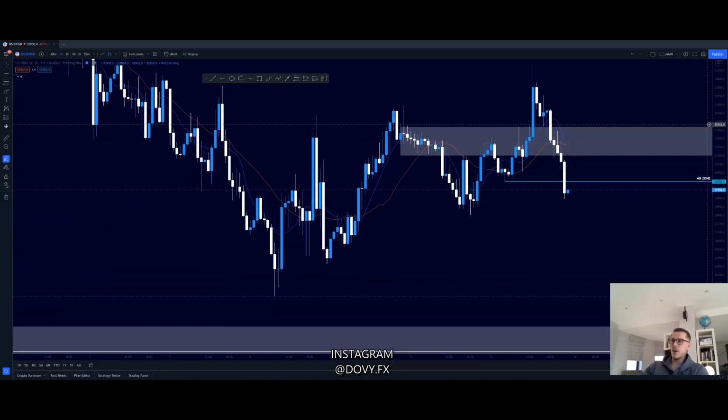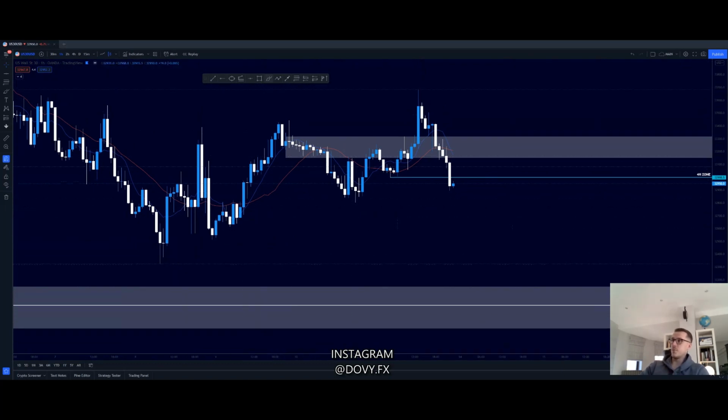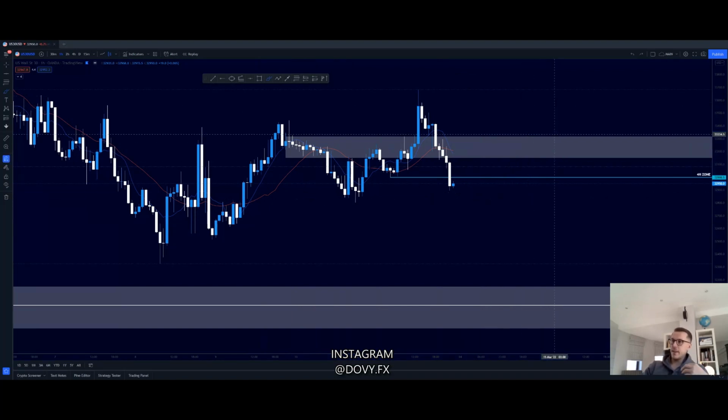If we go back to it, there are three scenarios. The price can just find support here and bounce. That's okay if that happens. Then maybe I'm going to change my perspective and look for longs, but unless it happens, I'm not going to change my mind.